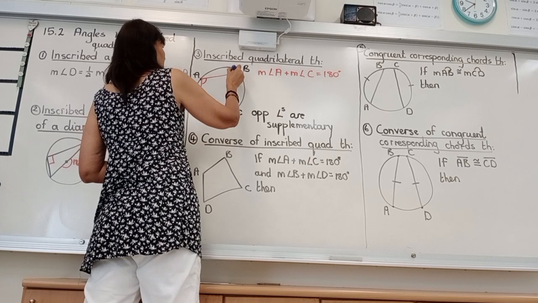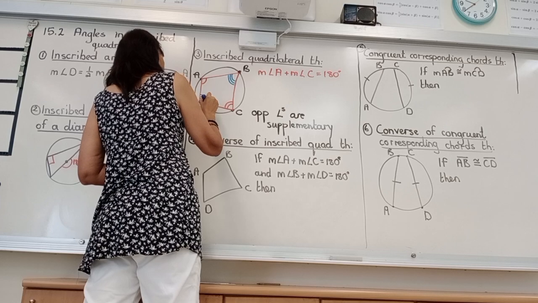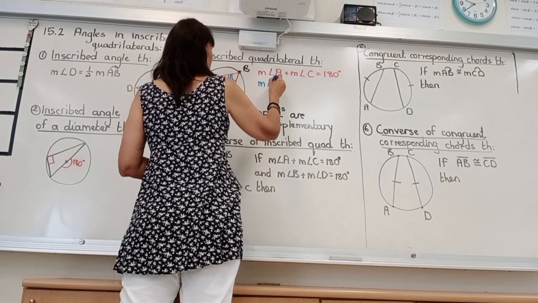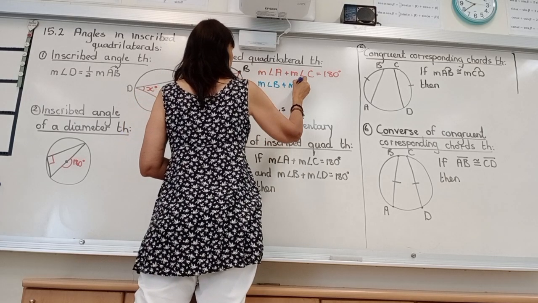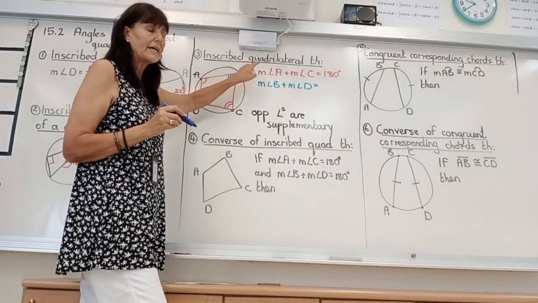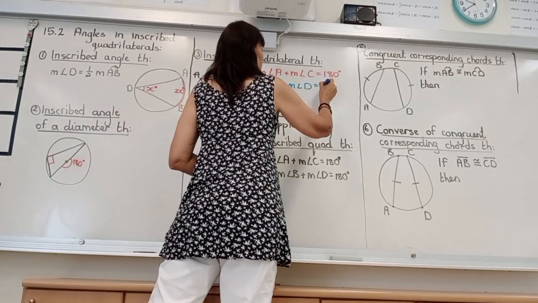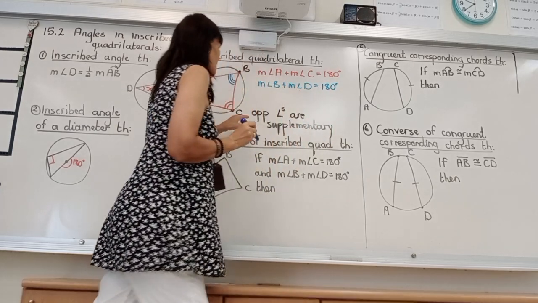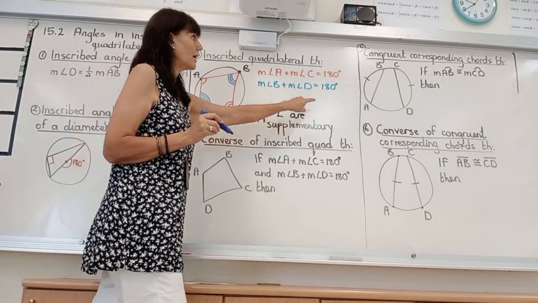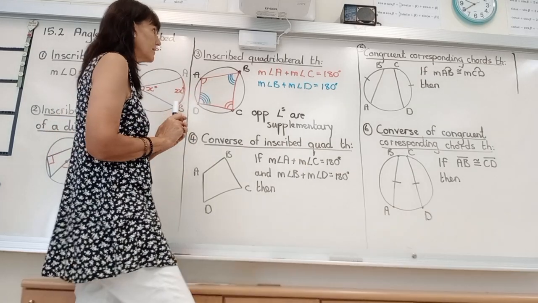Angle D and angle B are not the same size either, but the measurement of angle B plus the measurement of angle D is also 180. Whenever I'm working with an inscribed quadrilateral on a circle, opposite angles will always be supplementary. If I add them, I get 180.